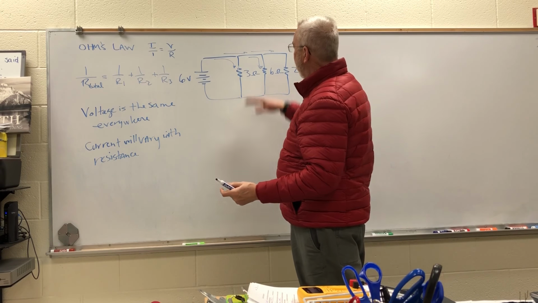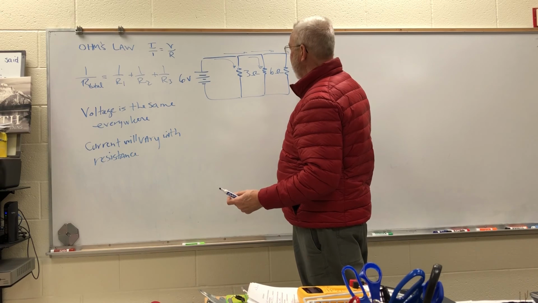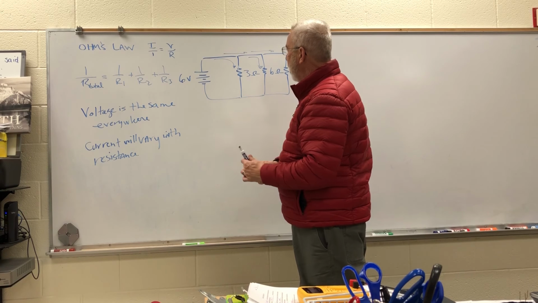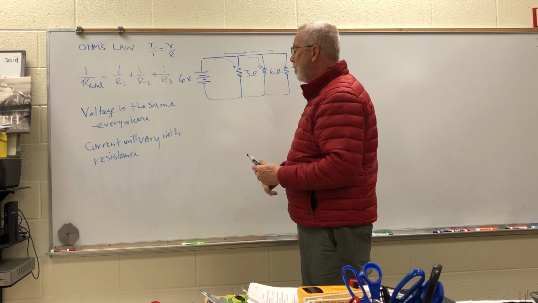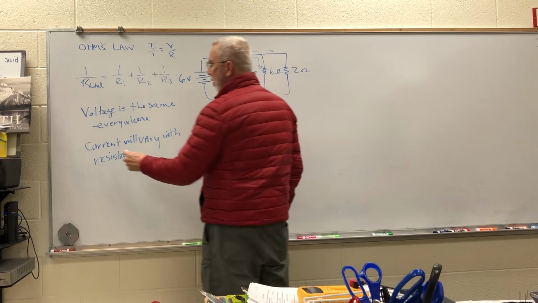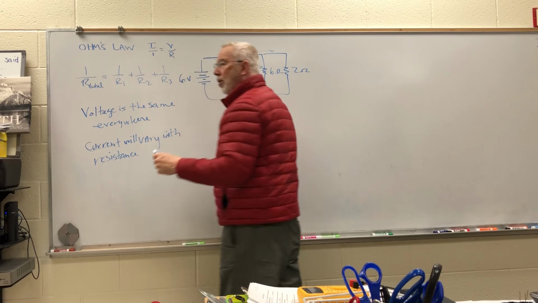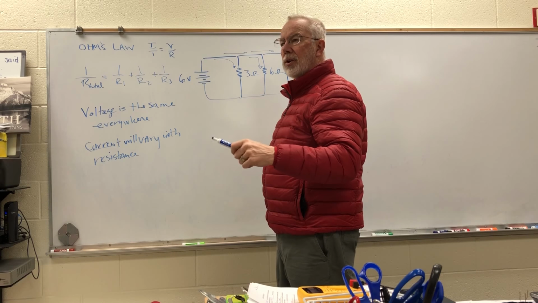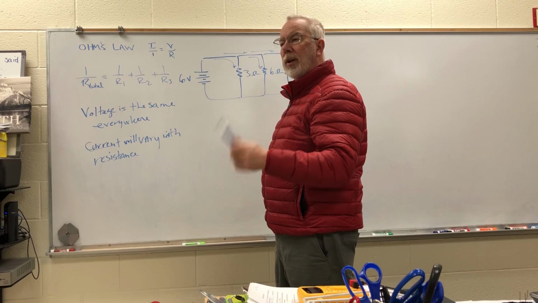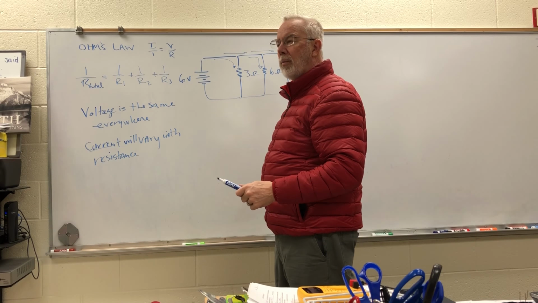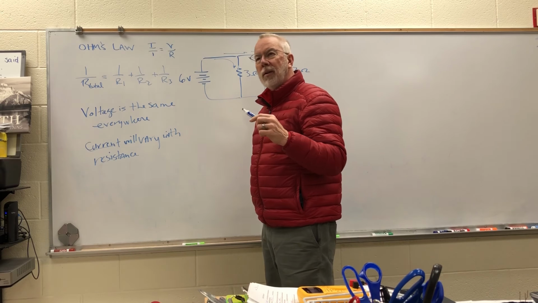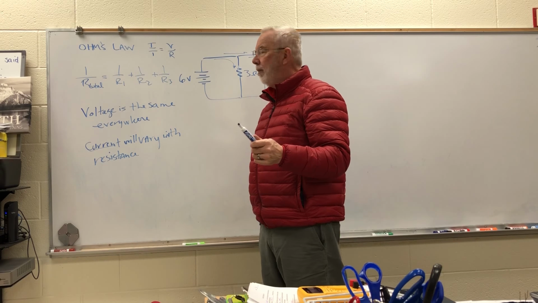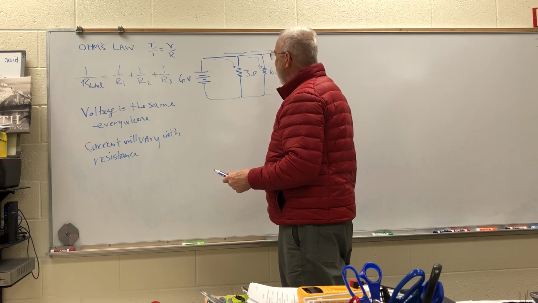And so they're inversely proportional to each other, and we're going to see how we can work this problem to get that. But don't try to do that thing with current like we did in the series circuit, because it won't work the same way. You'll get some answers that will maybe confuse you initially. So let's talk about how we do this.